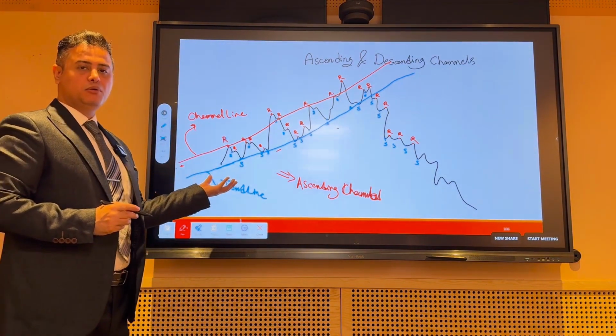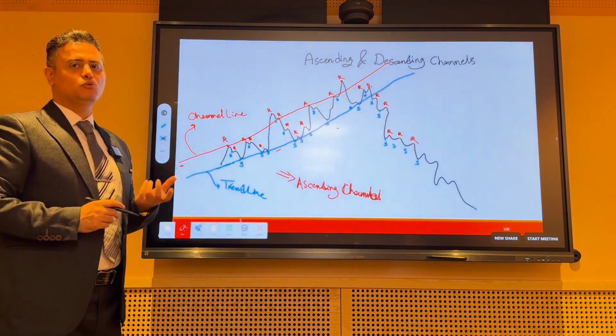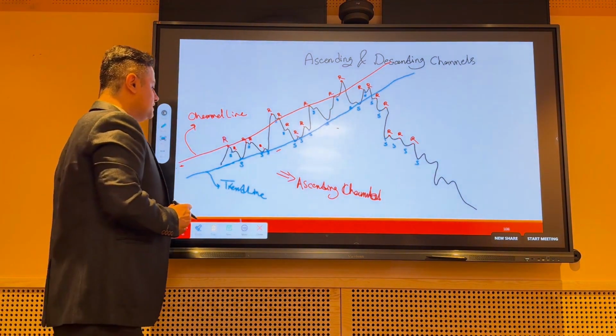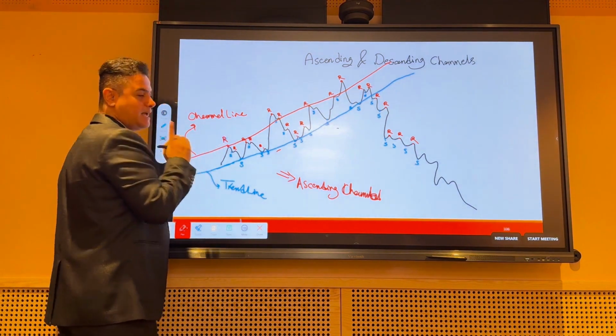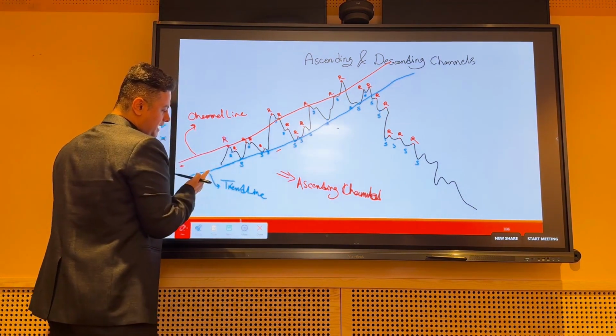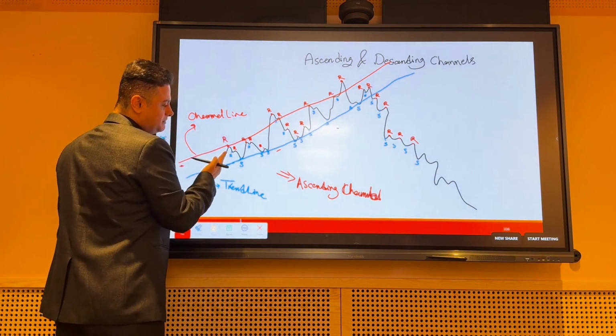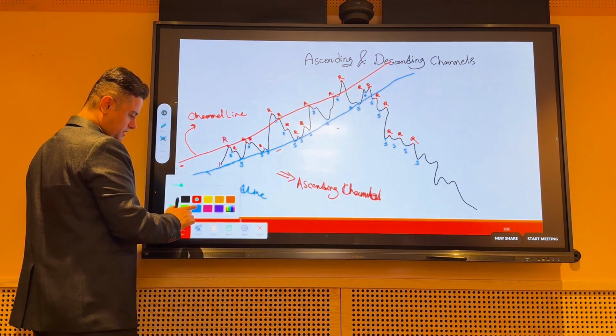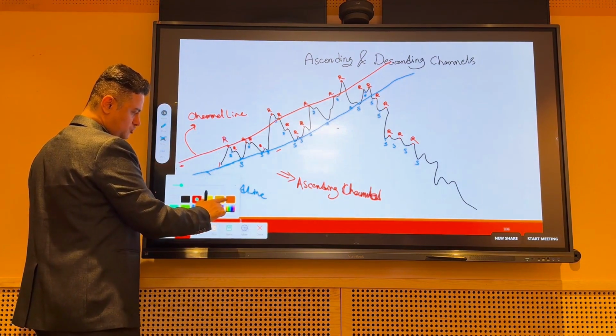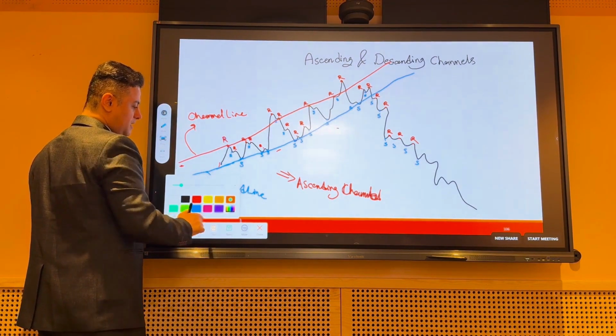Now we want to see how we can profit from this channel we have drawn. Always pay attention to where the price chart of the stock is relative to your channel line. See, I will show this in a different color so you can see it better.